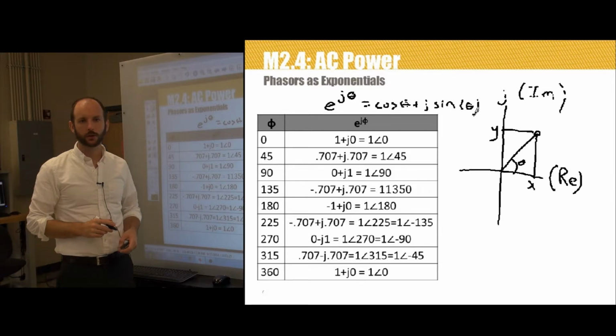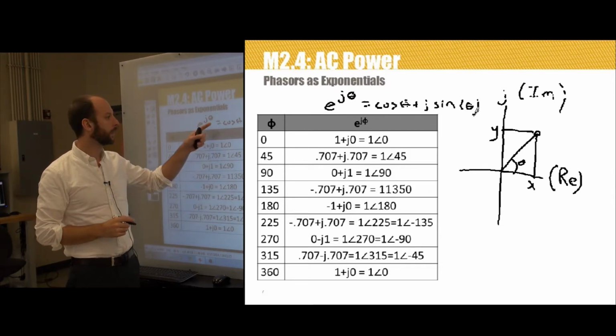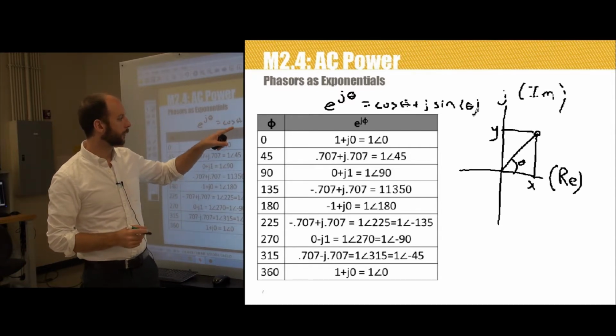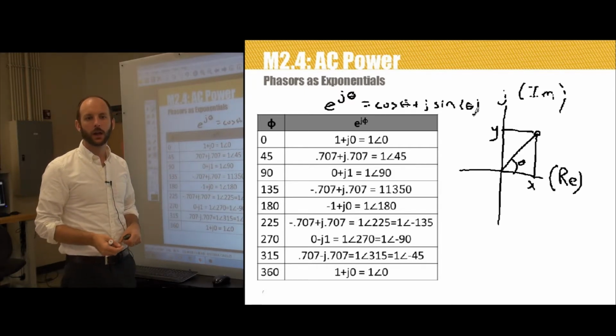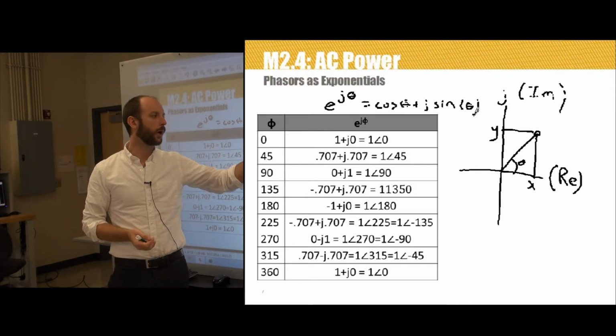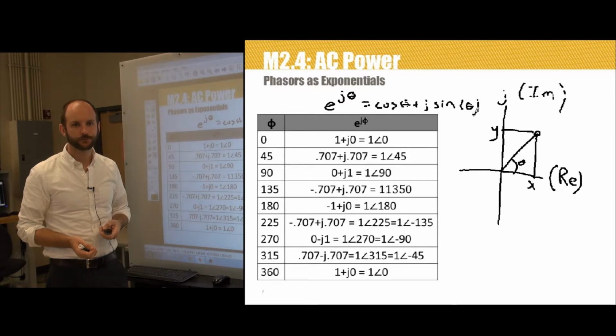So pretty interesting result. We can kind of play a simple trick here too. We can think of the cosine again as the real part of this exponential function, right? This represents the projection on the x-axis, or the real part of it, and we can represent the sine function as the imaginary part, right? It's the y value, or the projection onto the imaginary axis.